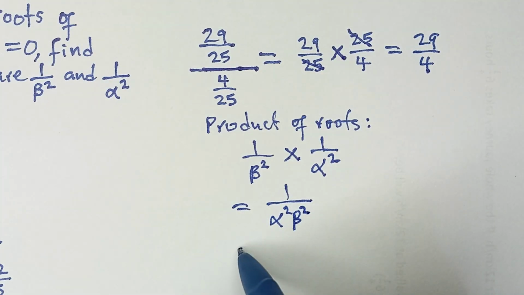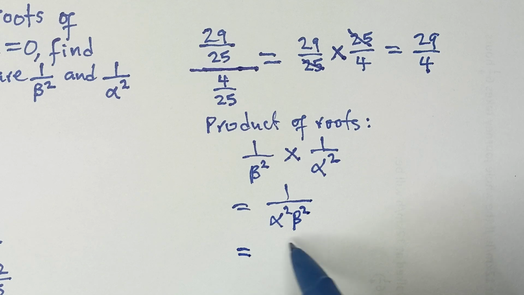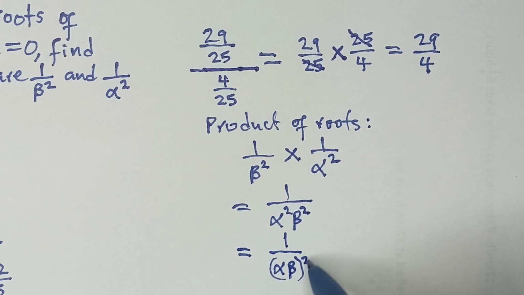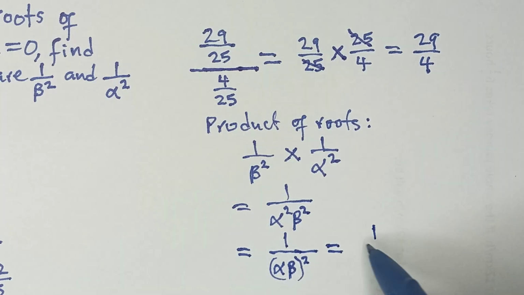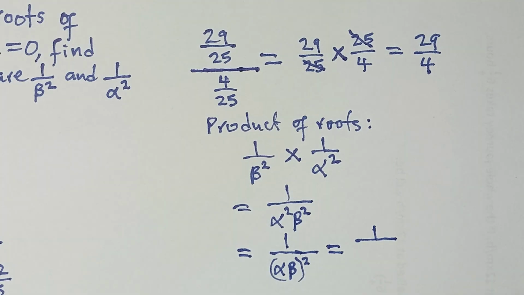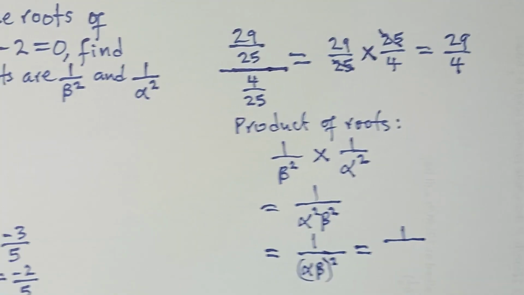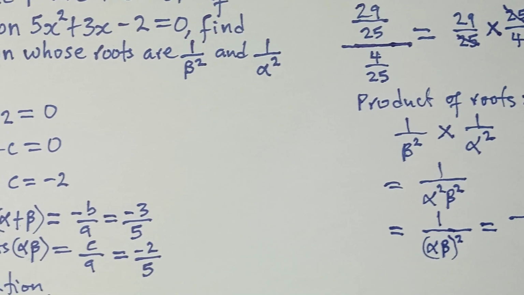And this will be equal to 1 over alpha beta all square. So if we simplify this further, the alpha beta that we obtained before is negative 2 over 5.